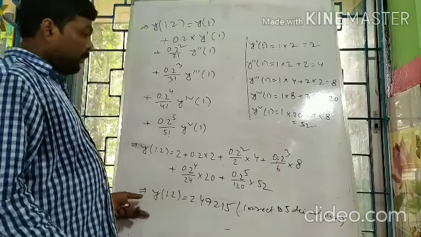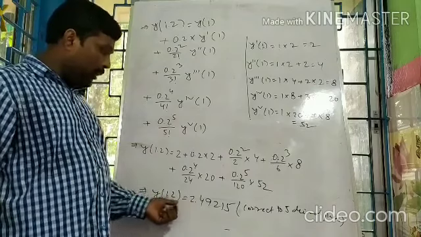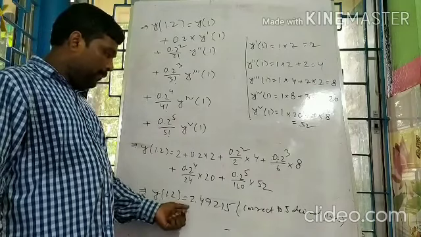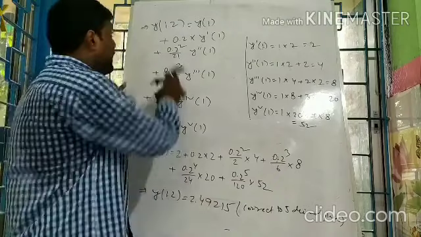Okay, this is the approximate value of y at the point 1.2, correct to 5 decimal places. This is 2.49215.